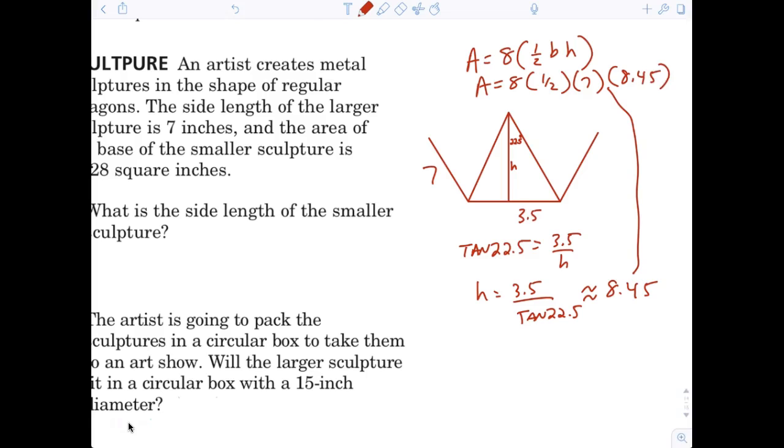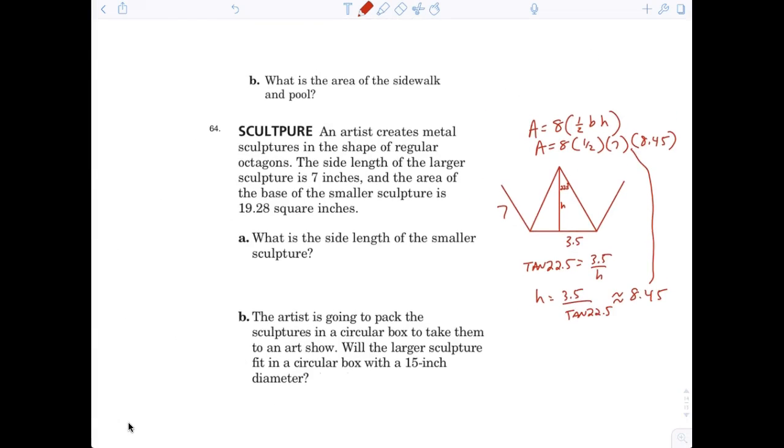So now the area of the large octagon. Somebody tell me what the area of the large octagon would be. 236.6. About 236.6. Is that good? Inches squared. And that again is the large. I want to make sure we got that.